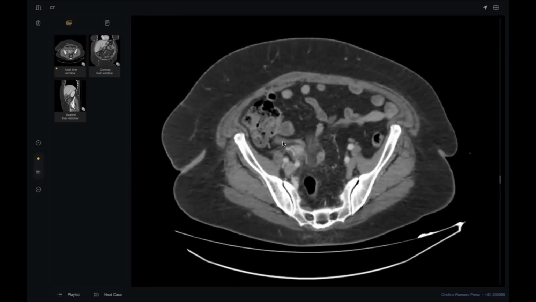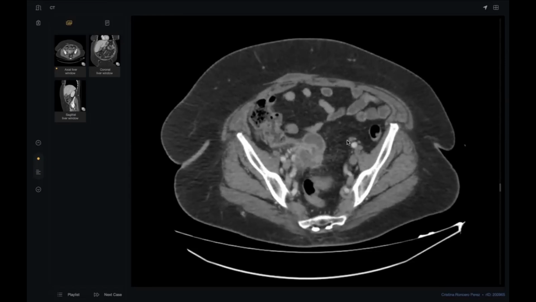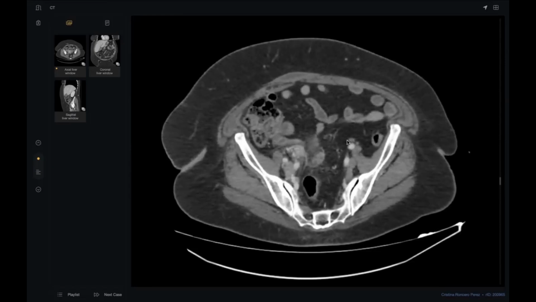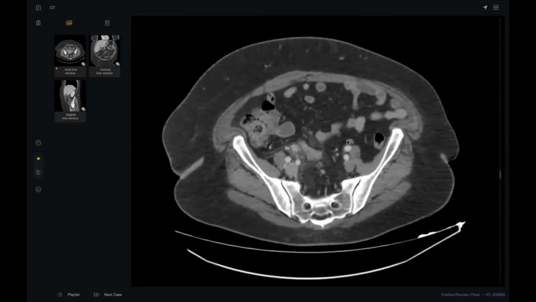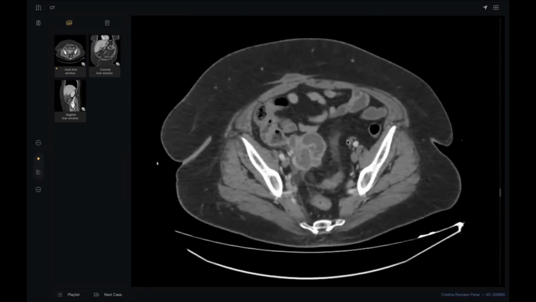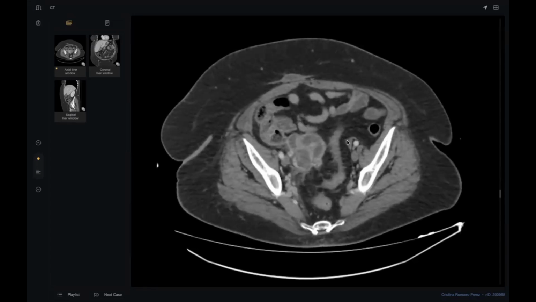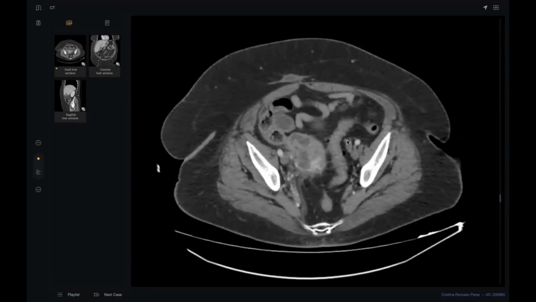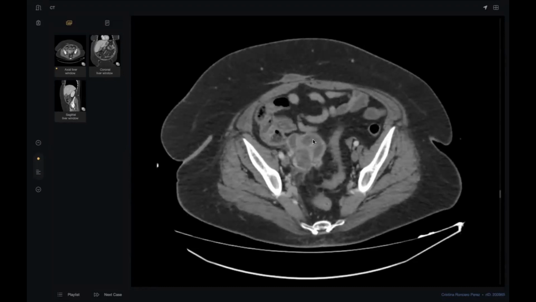Okay, tubular structure originating from the posterior aspect of the ileocecal junction. Okay, then we go down. This is a tubo-ovarian abscess and the hydrosalpinx. See, because this tubular structure communicates with this one.